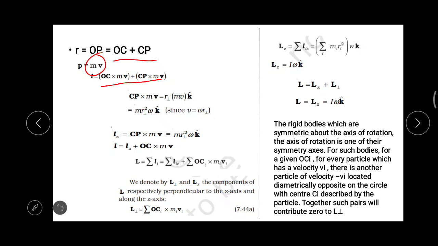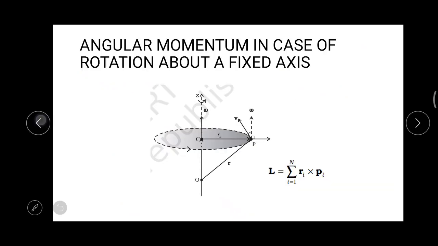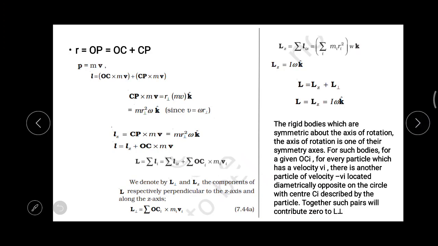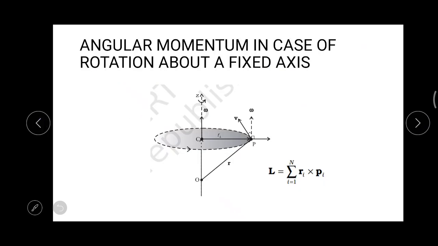Now consider this CP cross mv. CP is lying along the path, on the plane of the rotation. So CP cross mv, as you are taking, CP and v are both in the same plane.